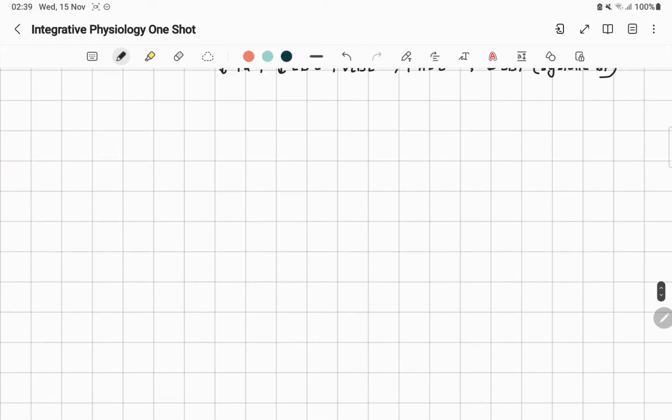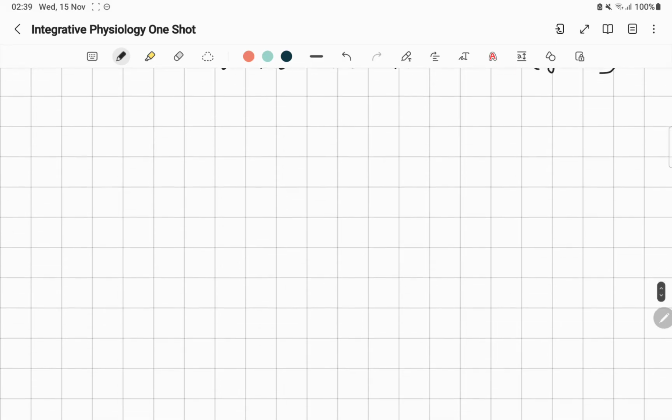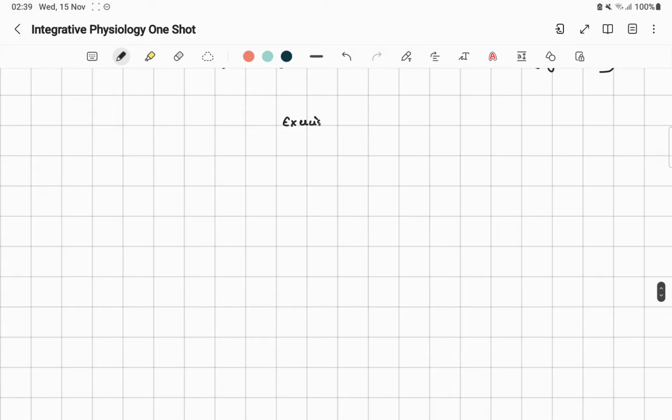What are the different types of physical exercises? We have mainly four types.